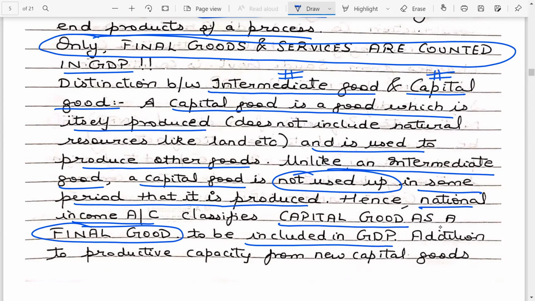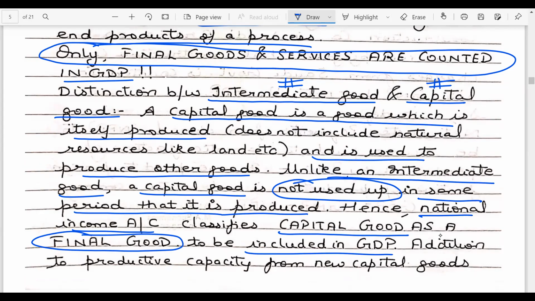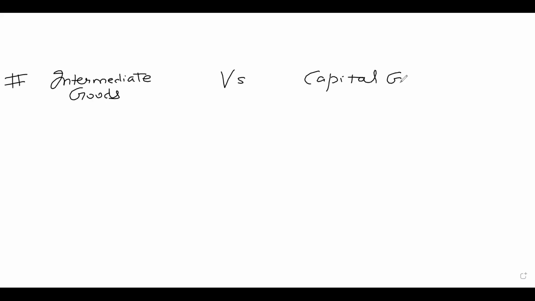So capital goods are a part of the GDP. If I come to the whiteboard to explain this in more depth to our students, if I talk about intermediate goods, and if I talk about capital goods, now capital goods are also called investment goods.